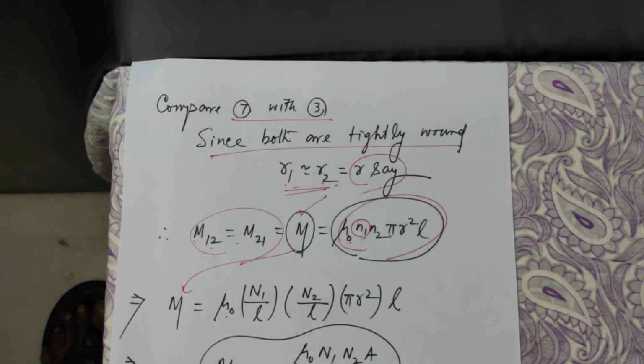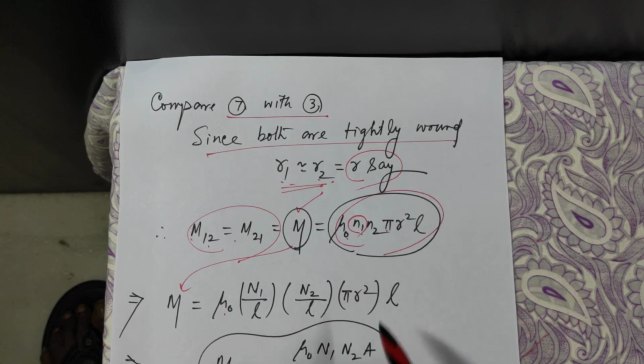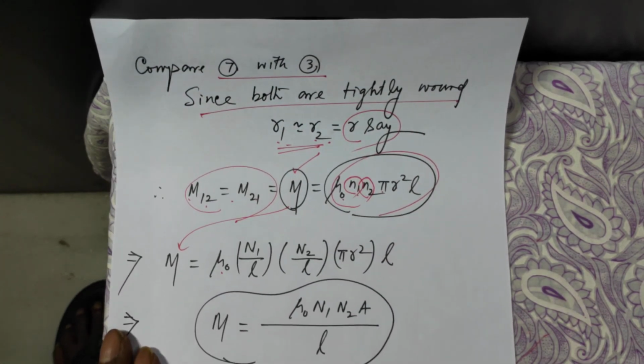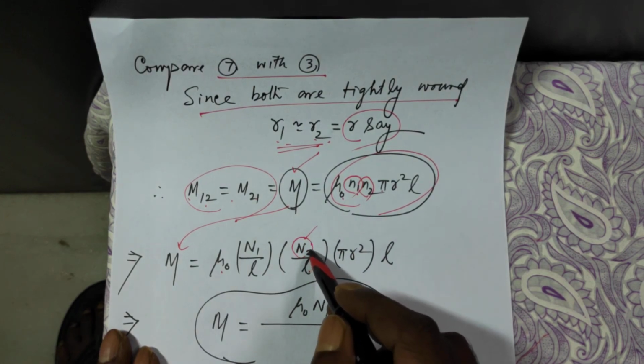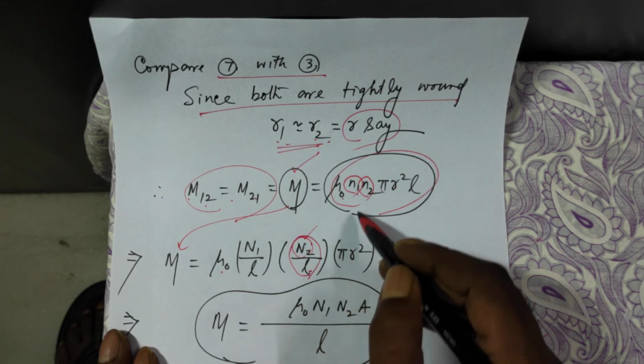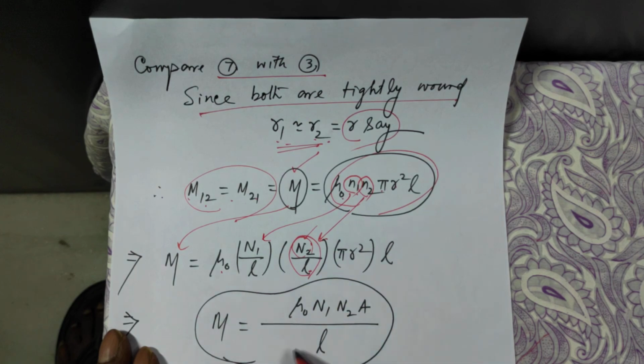That is equal to the total number of turns N1 divided by the length of the red one. N2 was the total number of turns in the black one, L was the length, so capital N2 over L is small n2, and capital N1 over L is small n1.